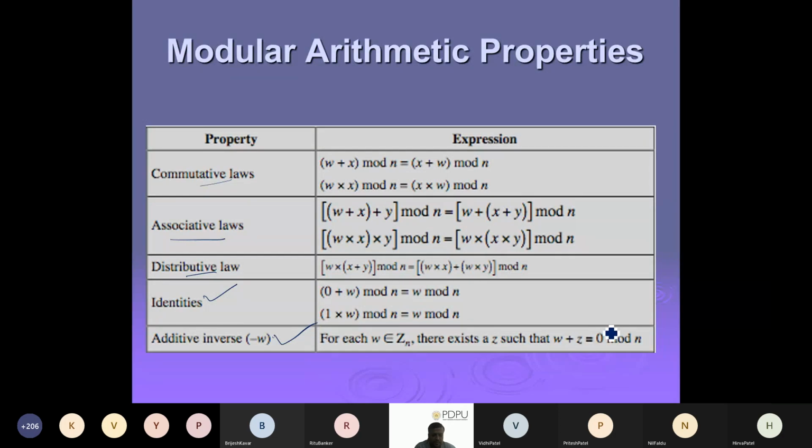In terms of additions that is 0, in terms of multiplications that is 1. So that is what we call the inverse. We have an additive inverse for additions, and similarly a multiplicative inverse, which will be used for multiplication. If you multiply these two numbers and do the mod operation, you will get 1.